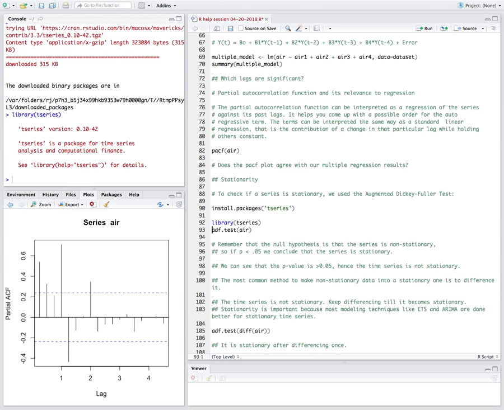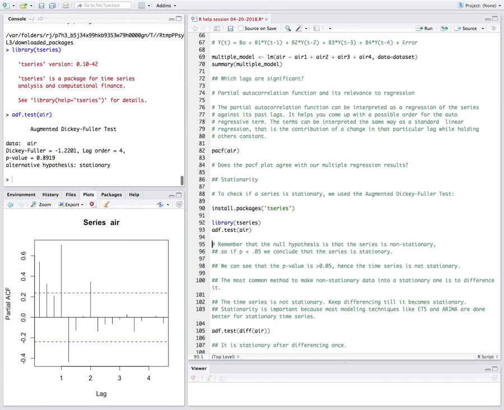So this tseries is a package that has the Augmented Dickey-Fuller test. I'm going to be running the ADF test on the air data. One thing you need to know about the ADF test is that the null hypothesis is that the data is non-stationary. You reject the null hypothesis and accept the alternate hypothesis when your p-value is less than 0.05.